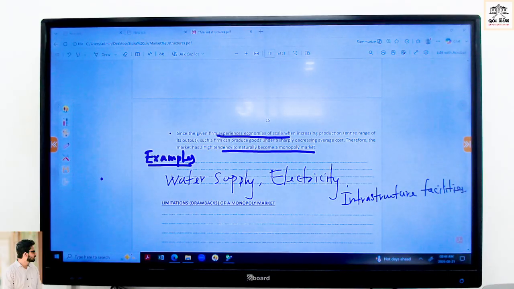Is it fair or unfair? One single firm dominates the entire market. They have massive market power, and they can charge any price from consumers. Consumers don't have close substitutes. Even though consumers are not willing to pay the price, they have to buy the product as they don't have options.